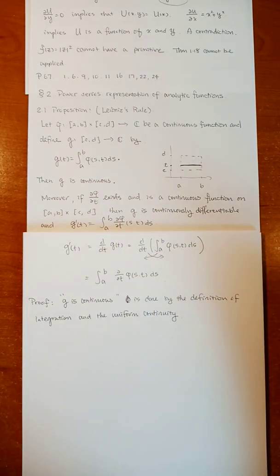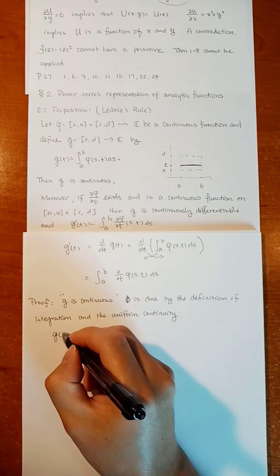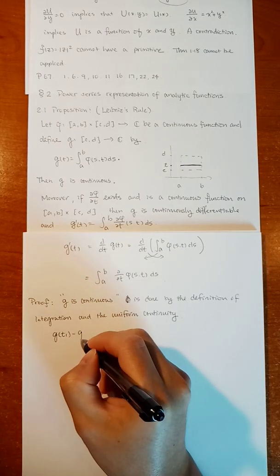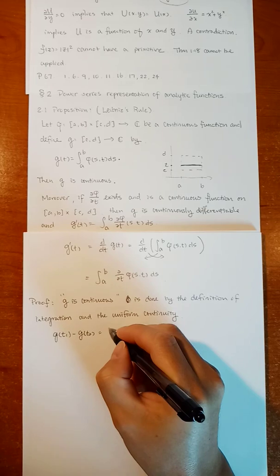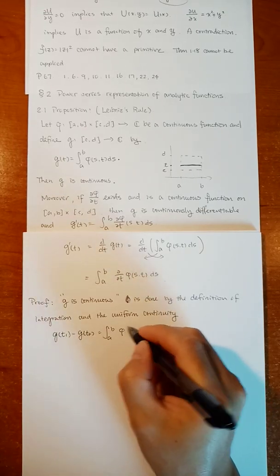All right, so you are going to have G(t1) minus G(t2). You have two integrals.